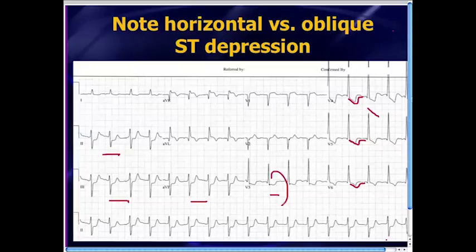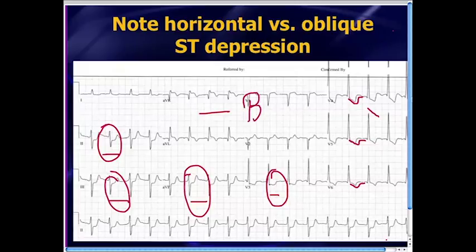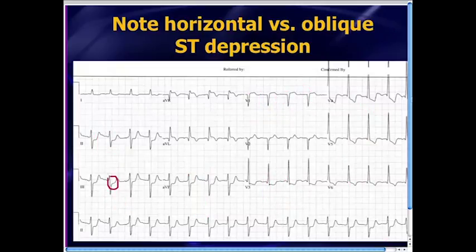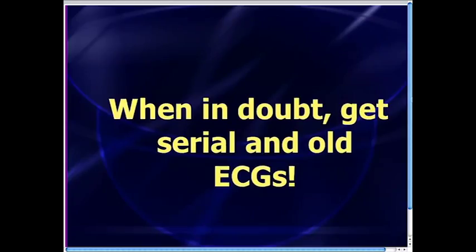When you see ST depression which is horizontal in appearance, do not call that strain. ST depression which is horizontal is bad. ST depression that is downsloping and oblique, that's not good, but that's probably more likely the LVH type of pattern. But when you see horizontal ST segment depression, do not attribute that to a strain pattern, and that patient turned out to have cardiac ischemia.